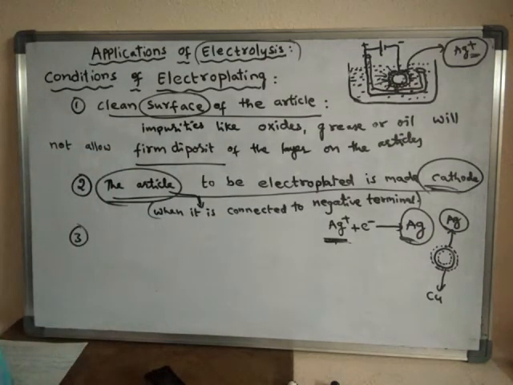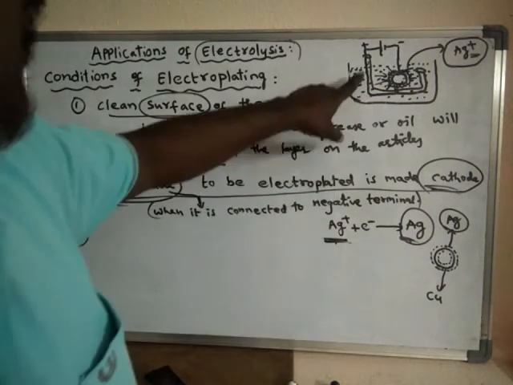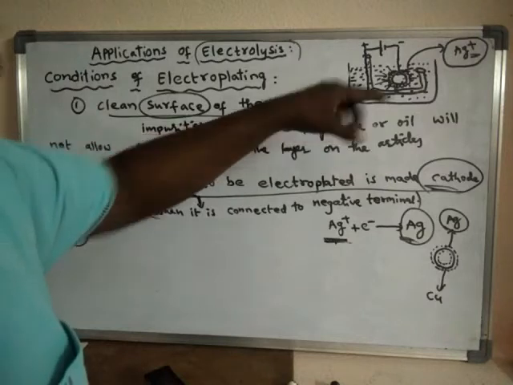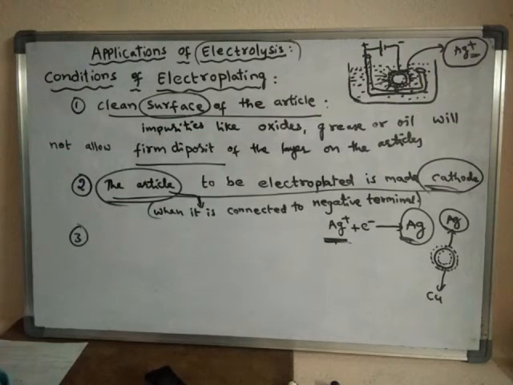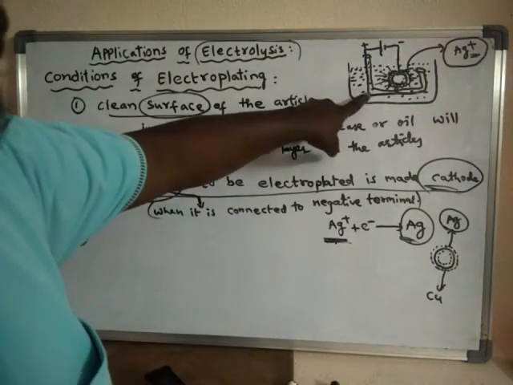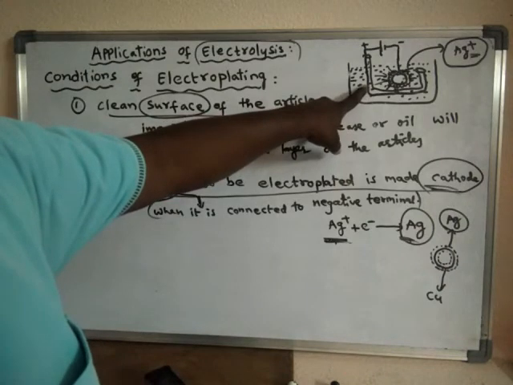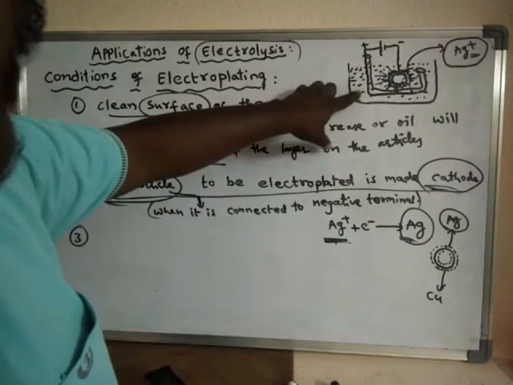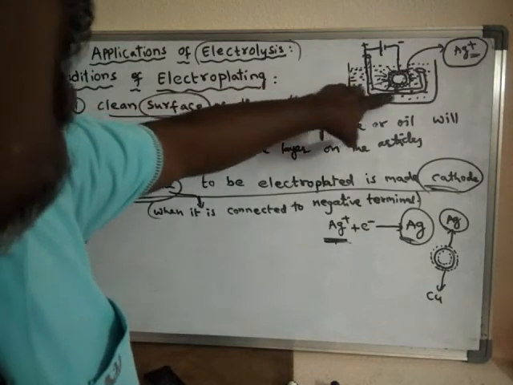So in order to prevent the loss of silver ions from the solution, what do we have to do? We have to provide silver ions into the solution somehow. So how should we provide the silver ions into the solution? The silver ions can be provided with the help of the anode.